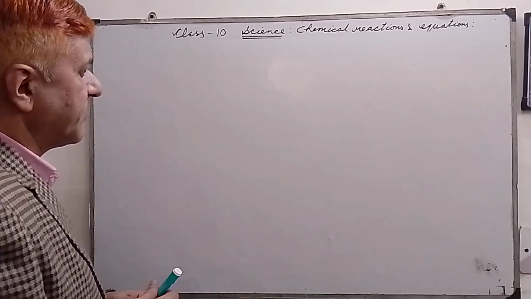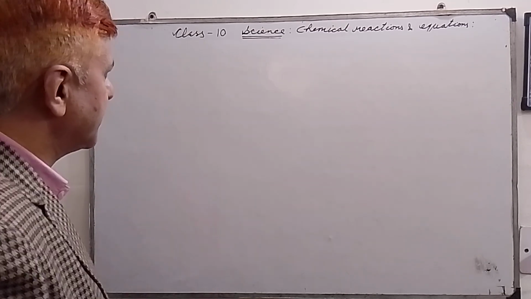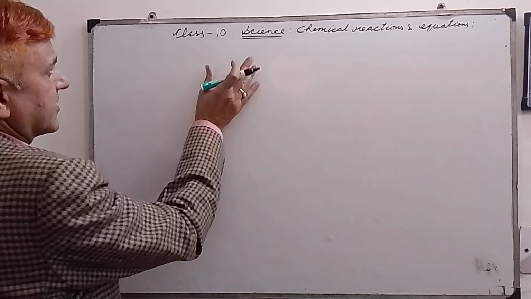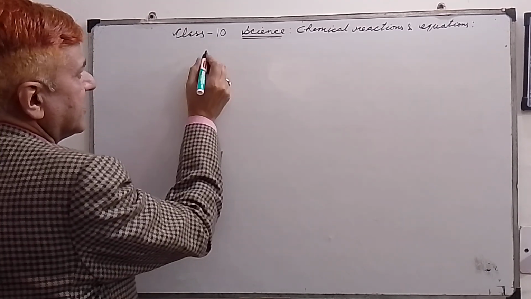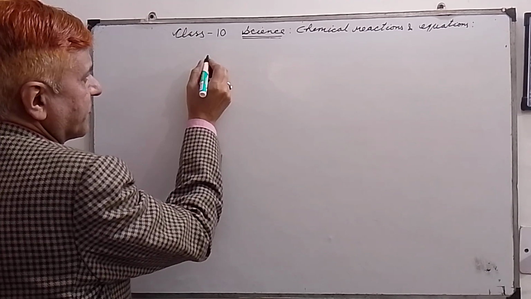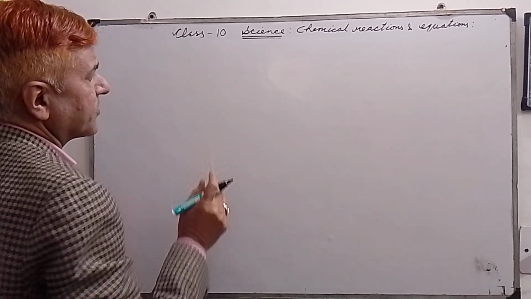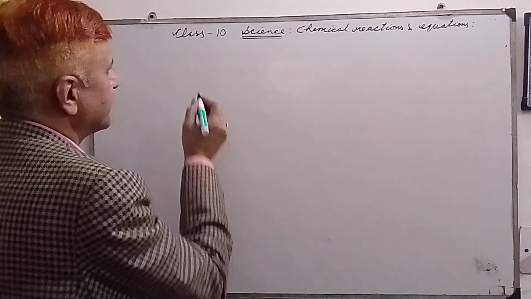To follow this technique, first you have to write the first 20 elements in increasing order of their atomic numbers.